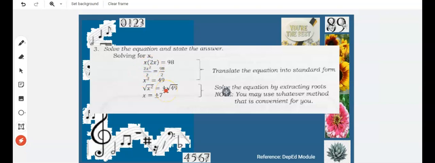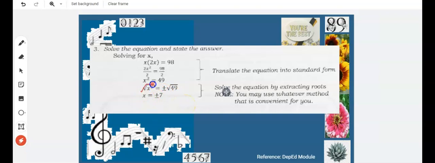Alright, so let's start by removing the numerical coefficient nga 2 by dividing both sides by 2. So, 2x squared divided by 2 is x squared. 98 divided by 2 is 49. Now, to remove the exponent, we perform the square root operation. We put radical sign to both sides.